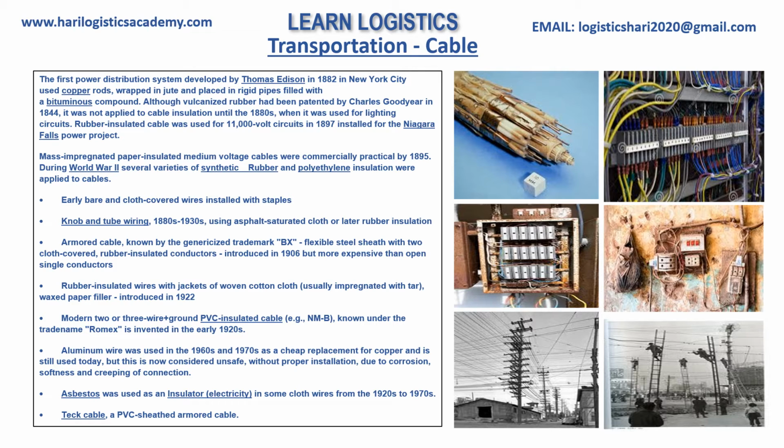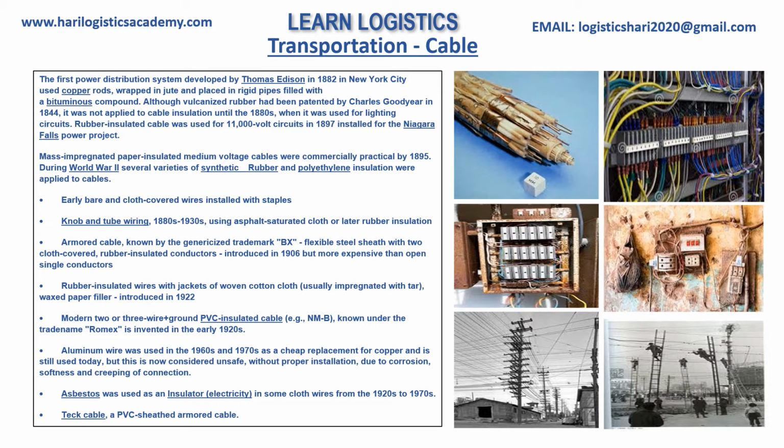During World War II, several varieties of synthetic rubber and polyethylene insulation were applied to cables. Bare and cloth covered wires were installed with staples, and knob and tube wiring was used from the 1880s till the 1930s, using asphalt saturated cloth or later rubber insulation.